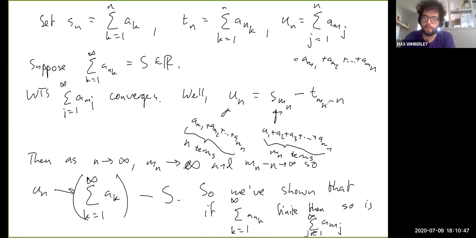This claim may warrant a sentence of justification. The reason this has to hold is that if it didn't, that would mean there was only a finite number of positive terms in the entire original series, which is obviously impossible.